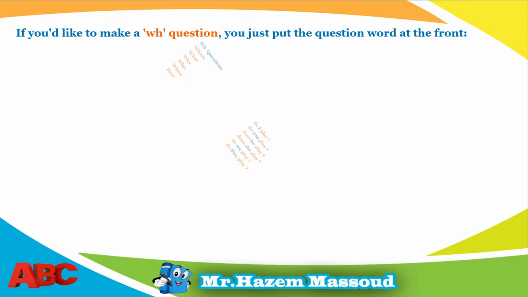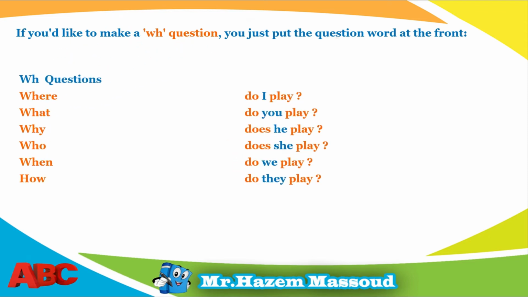For example, these are some WH questions: where, what, why, who, when, how. I only put these words before the yes/no question form. So, where do I play? What do you play? And so on.